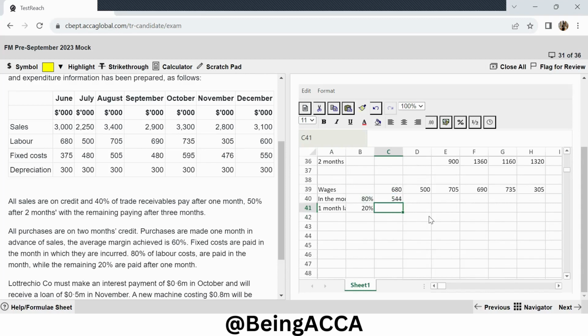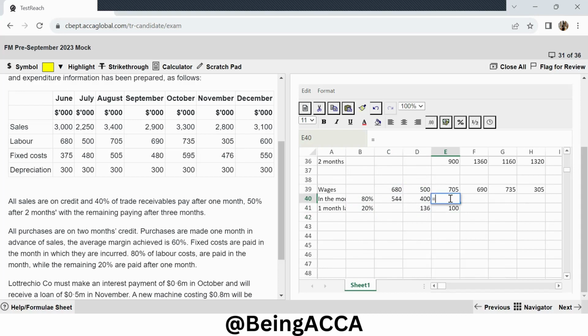So this comes out to be 544, and then in the next month we are going to be paying 680 into 20%. So this is the payment that we are going to be making 1 month later. So now in the same month, it is 80% of 500, and then 1 month later it is going to be 20% of 500.